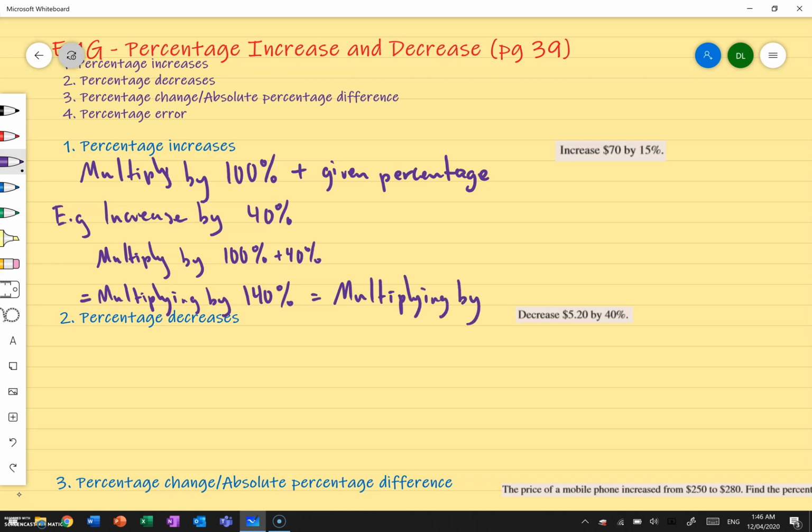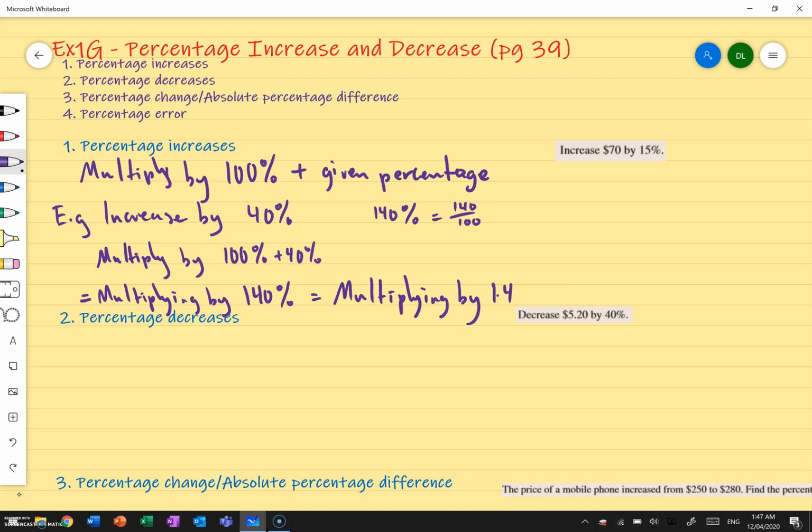Now remember, in our last few videos, we talked about our conversion from percentage to fractions. So 140% is actually the same as 140 over 100, and if you put that in your calculator, you get 1.4. So that's how we do something like that.